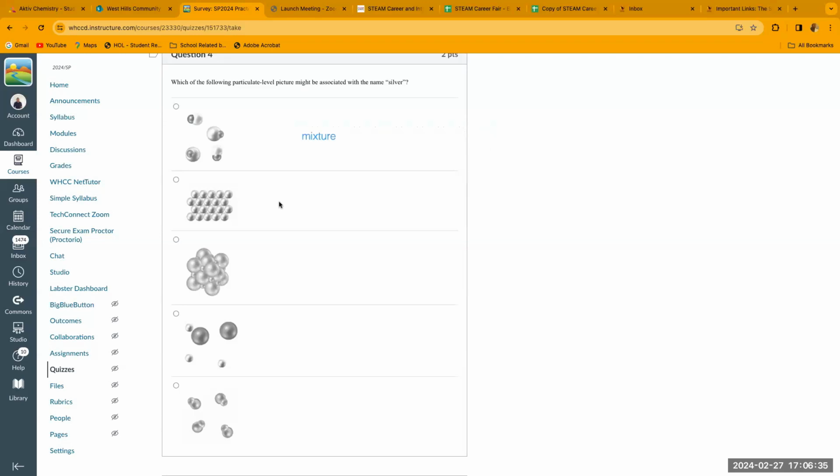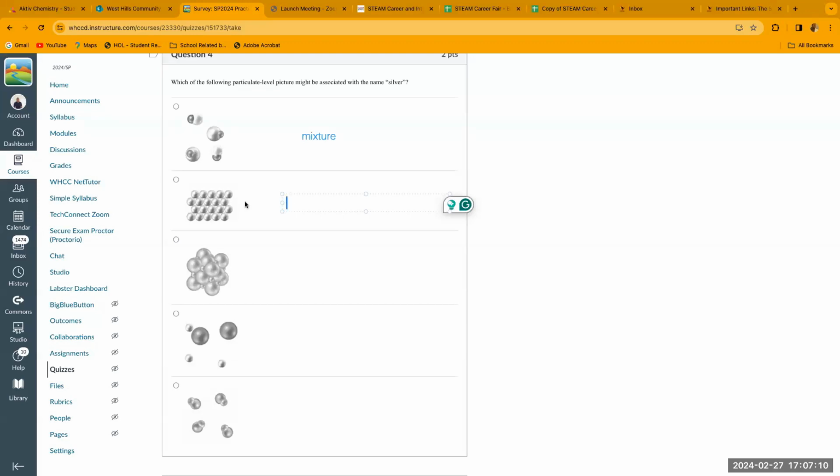Okay. What about this guy? We have balls that are all exactly the same, and they're forming a solid. So you gave me two things, right? So if we think it's silver, is silver a solid, or is it a gas, or is it a liquid at its natural state? Yeah. So we know it's a solid, so we would assume that this would be for silver because it's exactly one type of atom, right?